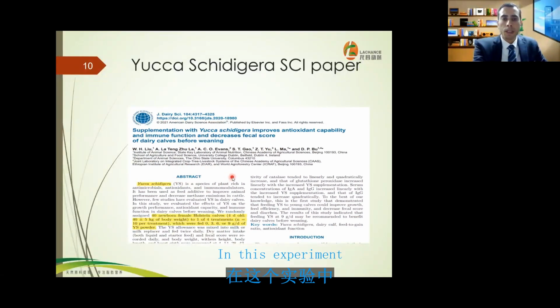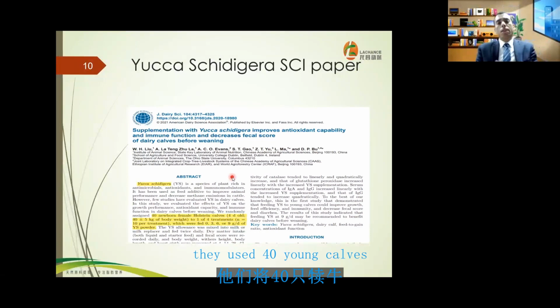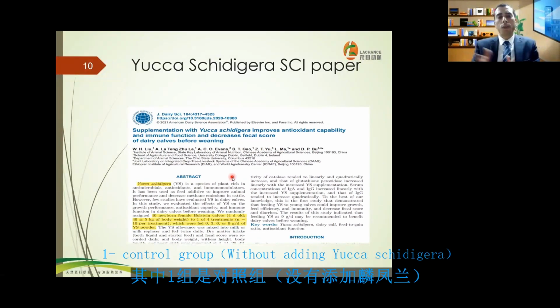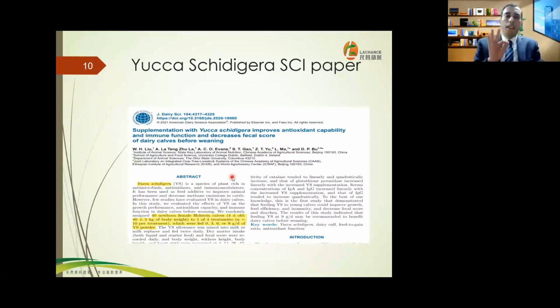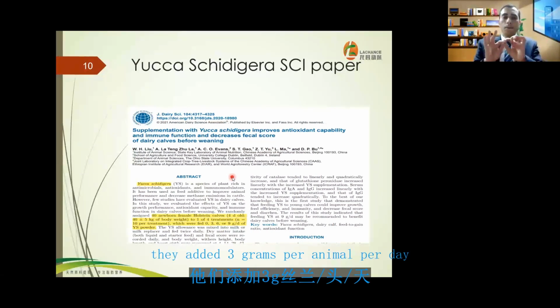In this experiment, they used 40 female calves and divided them into 4 groups: a control group without added Yucca extract, and 3 Yucca extract treatment groups. The first group added 3 grams per animal per day.